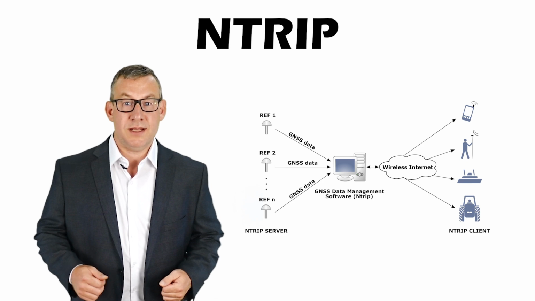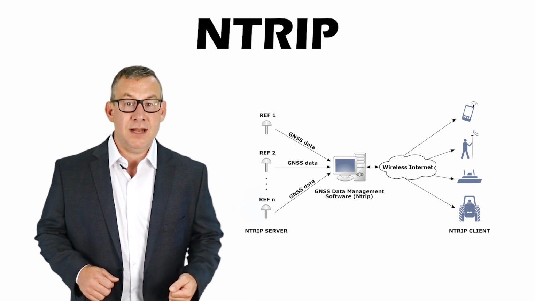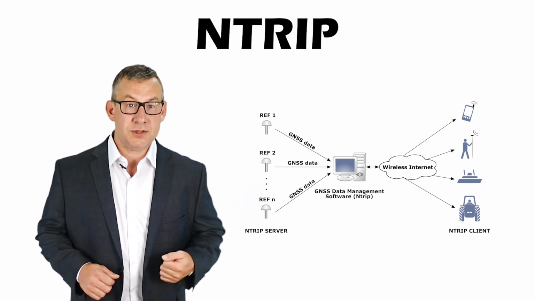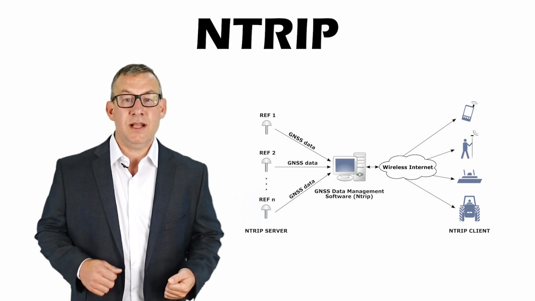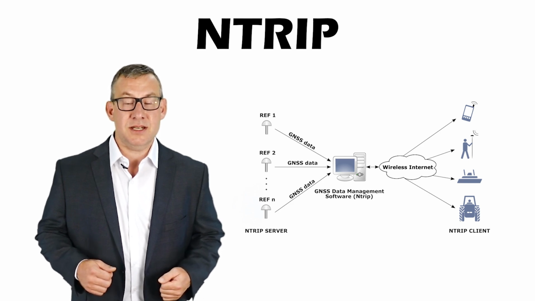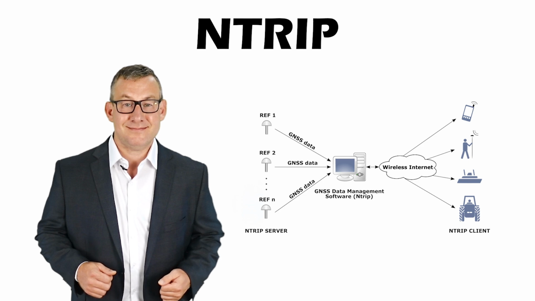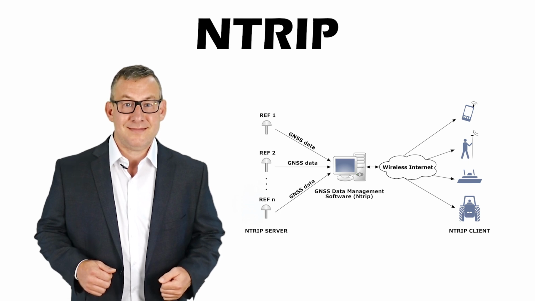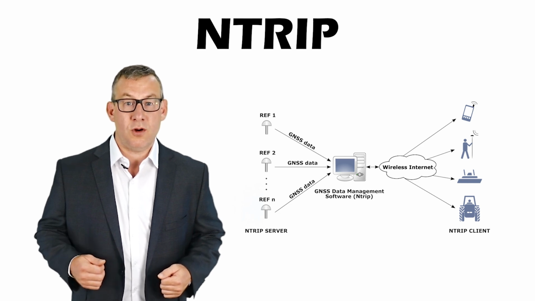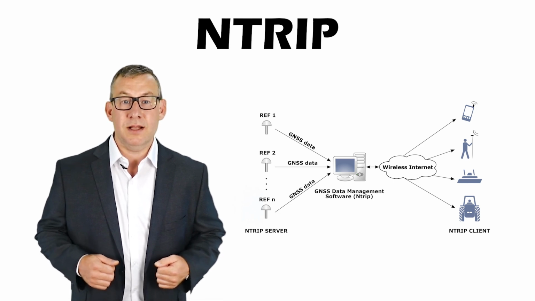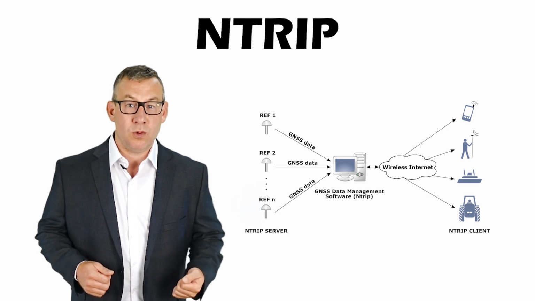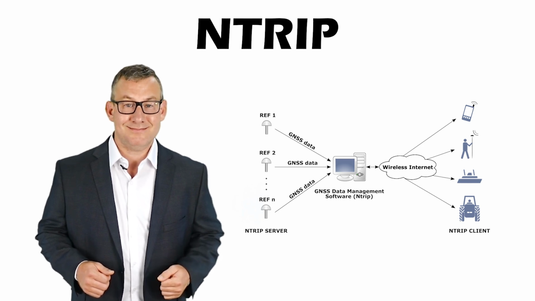This method requires a constant internet connection and a subscription to a local NTRIP service provider who will have an infrastructure of fixed base stations. The main advantage of NTRIP is that it uses a network of RTK base stations that are already in place and therefore has no range restriction.